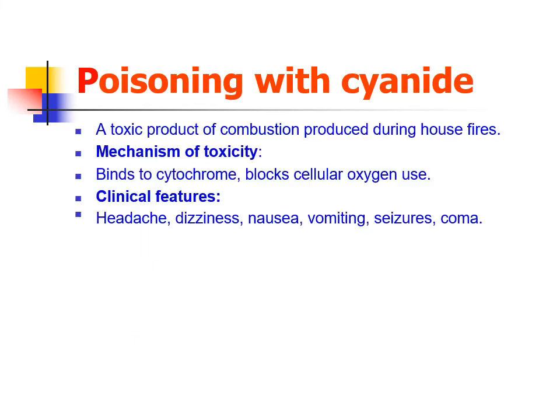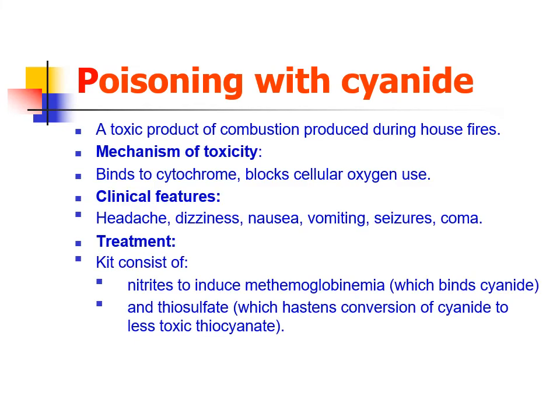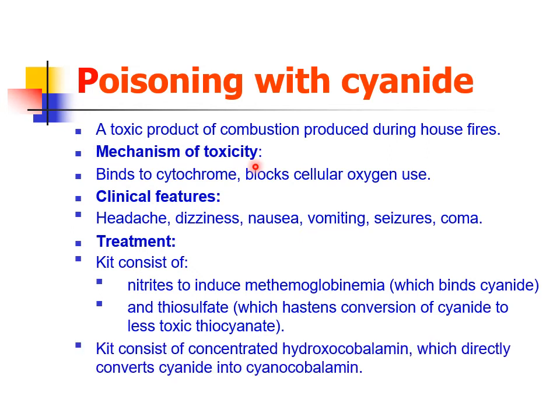Poisoning with cyanide, mechanism of toxicity: binds to cytochrome, blocks cellular oxygen use. Now the clinical features: headache, dizziness, nausea, vomiting, seizures, and coma. Treatment: there are two kits. The first one consists of nitrites.